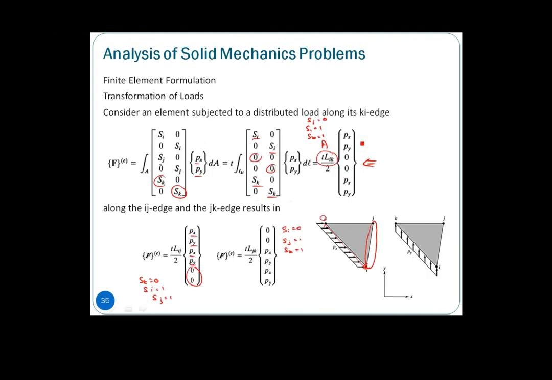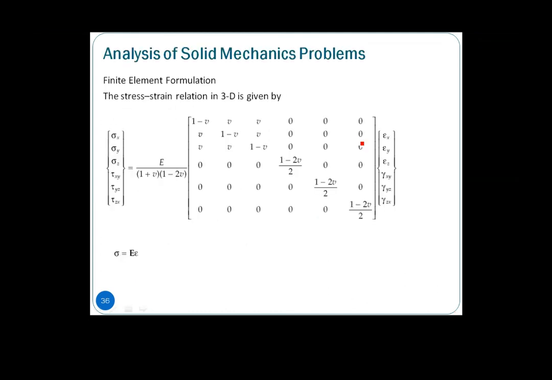If we can determine the K, we determine the U, and we can determine the F, then we can solve to get our displacement. So for three-dimensional, of course, it's a bigger size. You will see this. Under three-dimensional, we consider all sigma x, sigma y, sigma z, tau xy, tau yz, tau zx.